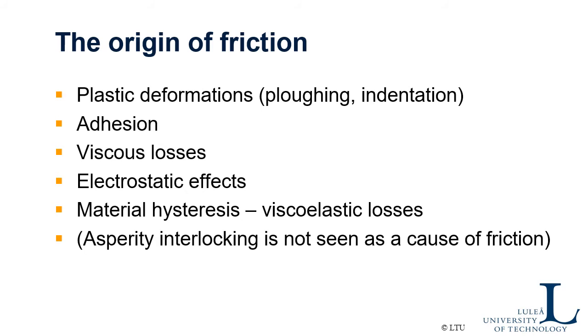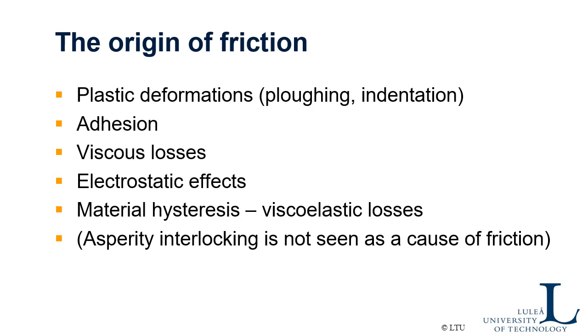Asperity interlocking is not seen as a cause of friction. You may think about that. You may, in your mind, when you stop the video, have been thinking like this: okay, it's the asperities on one surface getting stuck into the asperities of the other surface. And that has been a kind of discussion during the 1900s. So I think it ended in the 70s.